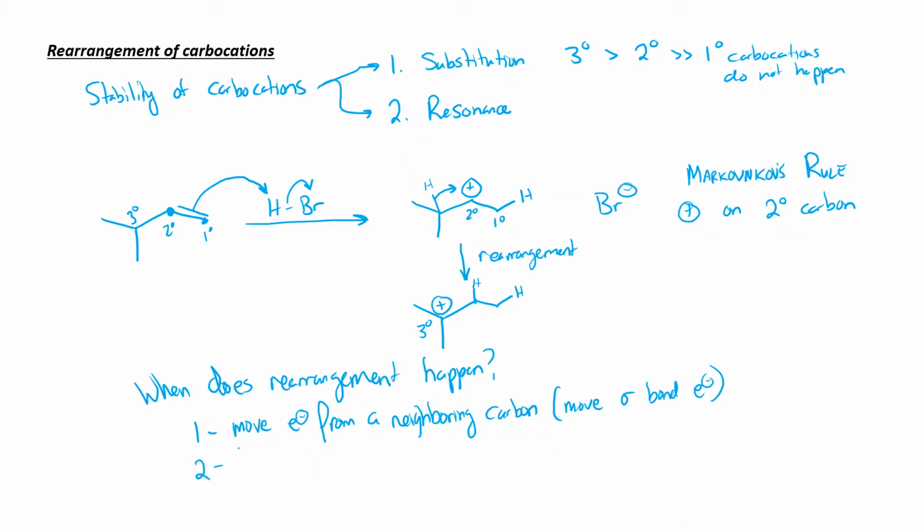And secondly, it has to result in a more stable cation. So we have to go from secondary to tertiary. Start from a secondary cation and create a tertiary cation, something that's more stable. The product has to be more stable than the starting material. This is the same idea as acids and bases.